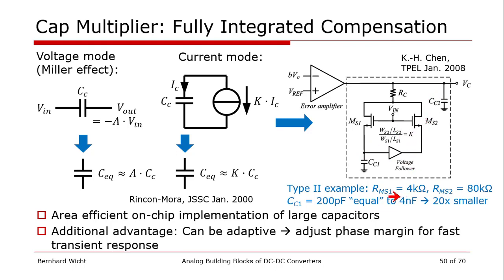That allows us in this example to get away with 200 picofarads that behave as a 20 times larger capacitance. There are many more benefits if you keep these switches. You can even configure your controller behavior during operation to make it more stable or unstable and react to transients and so on.